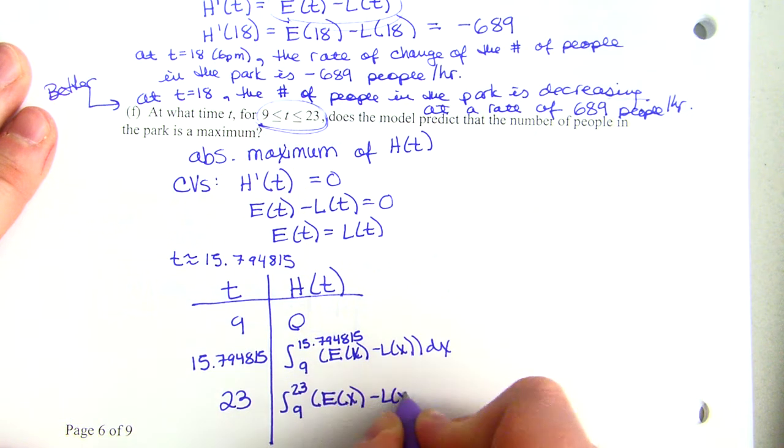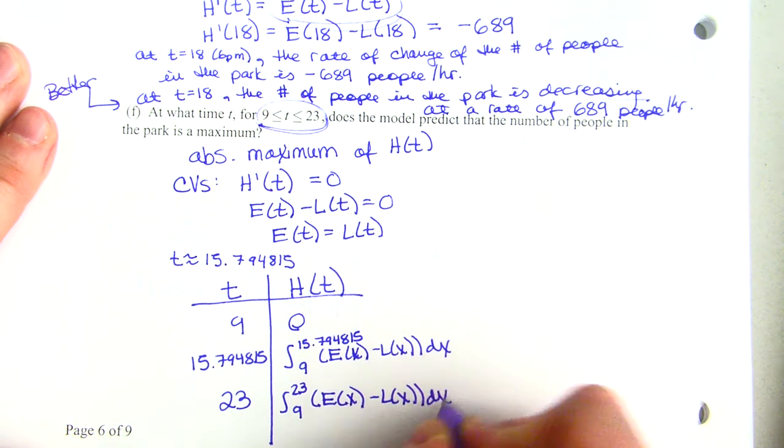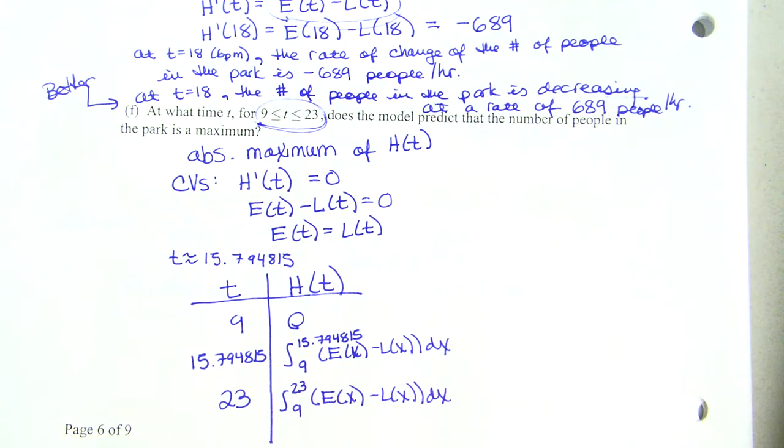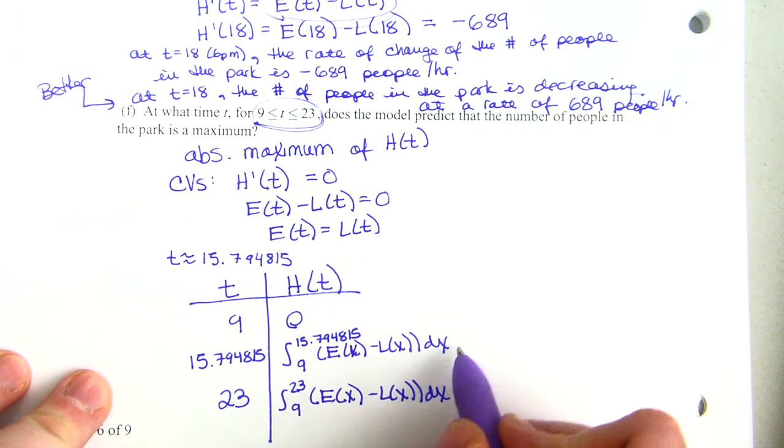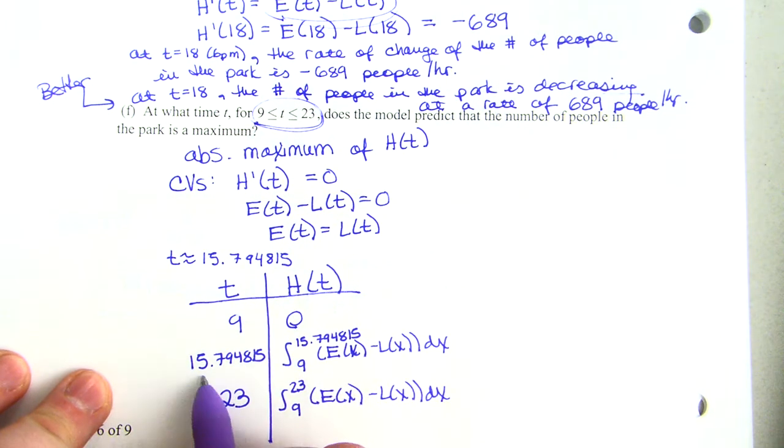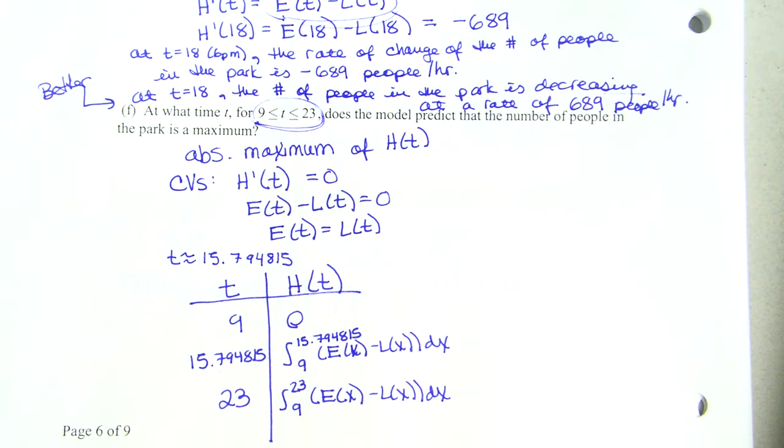You need to go to the calculator right now. Calculate both of those. Give me an answer with decimals. I guess it's fine, even though if we're actually figuring out the number of people, we'd give a whole number. Tell me what your calculator gives you for h of 15.794815.